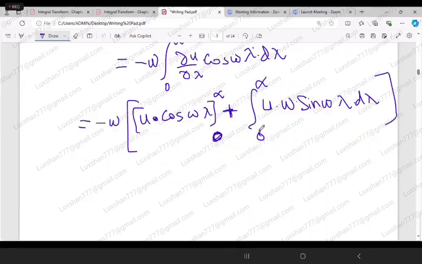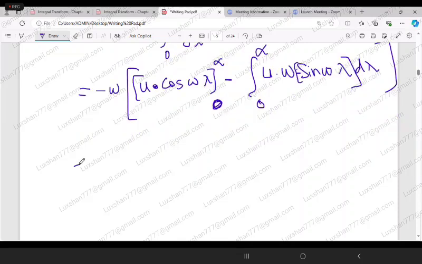Now we assume that, so there is a plus here because, let me write it minus, and this is minus sine λ. Then you can take minus omega out.